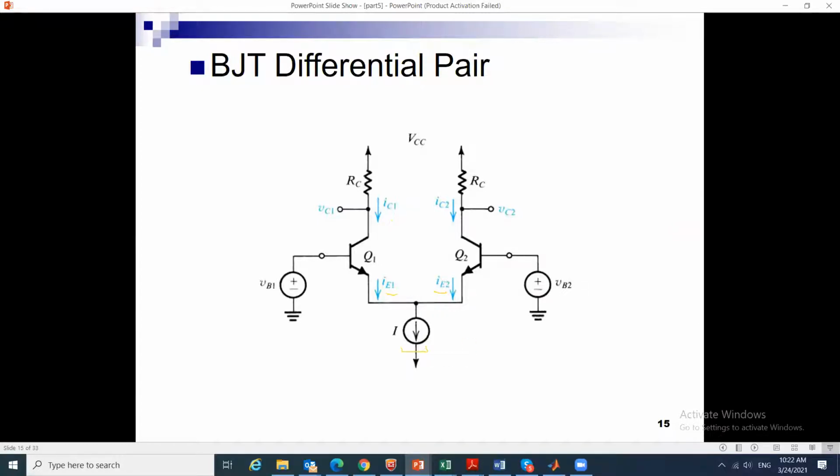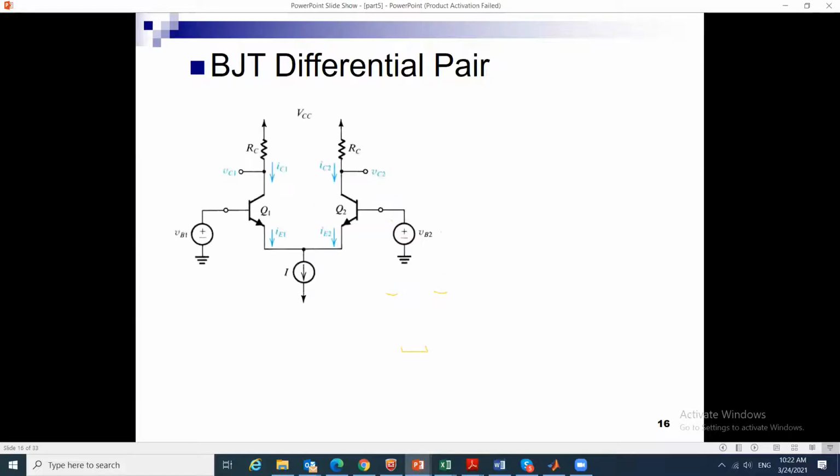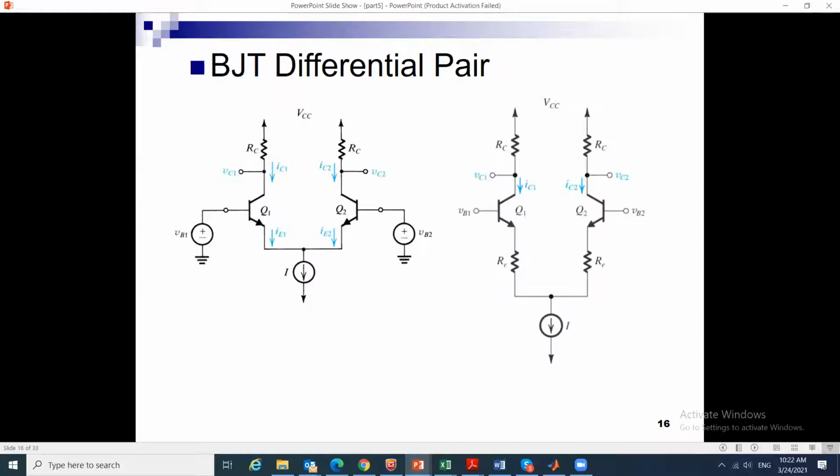Okay, and for the differential amplifier, I can have two possible implementations.